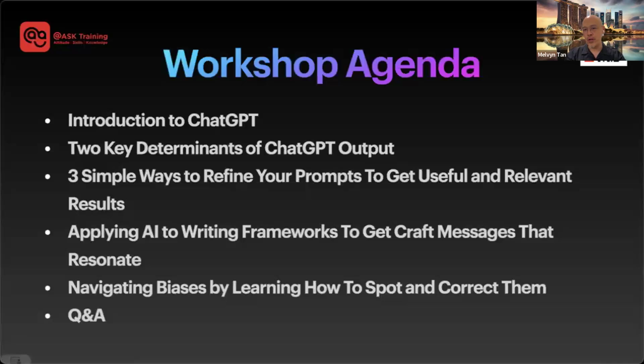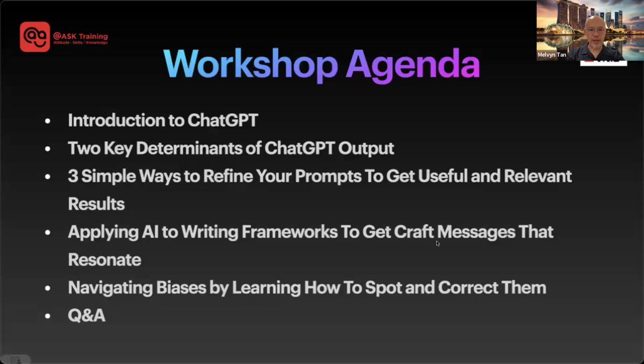In other words, what are the things that you need to take note of when you are keying in the prompts, as well as looking at the training data when using ChatGPT itself. And then we're going to dive into three simple ways for you to refine your prompts. This is something that I do a lot in terms of ensuring that everything is good.